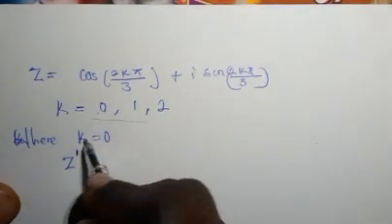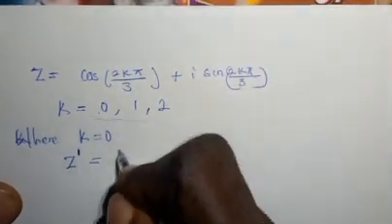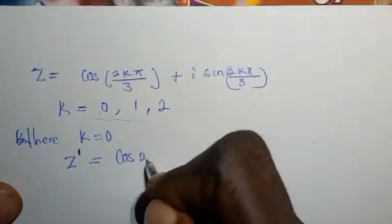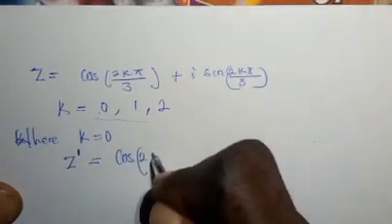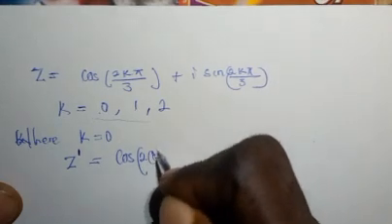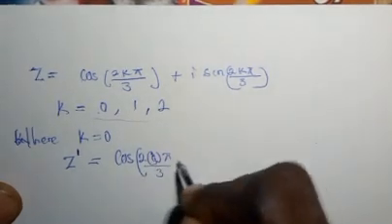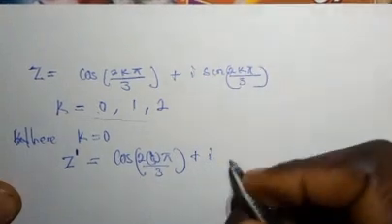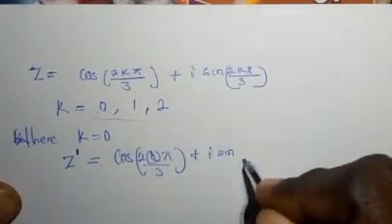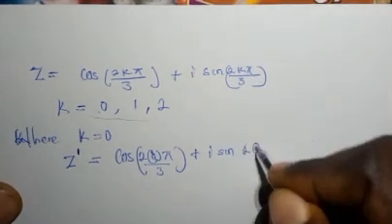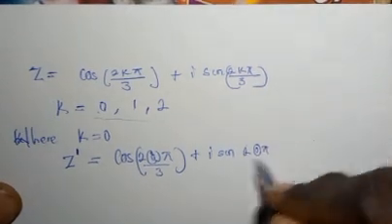Starting with z1 where k is equal to 0, we have cos 2 times 0 pi over 3 plus iota sine 2 times 0 pi over 3.